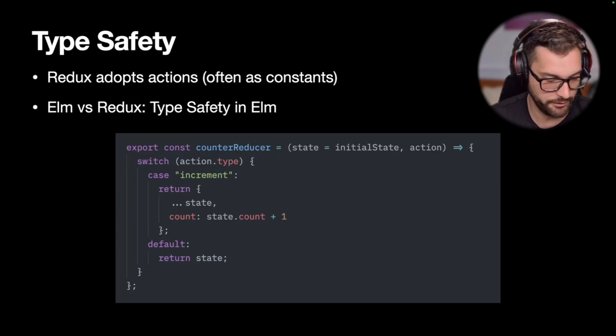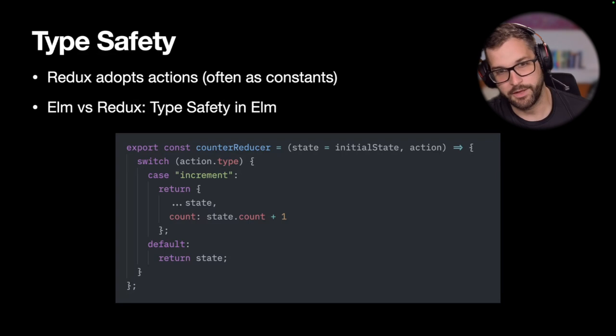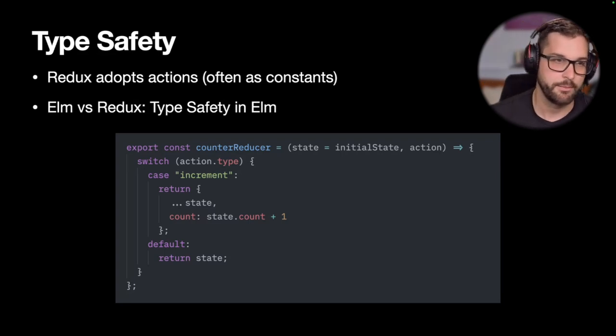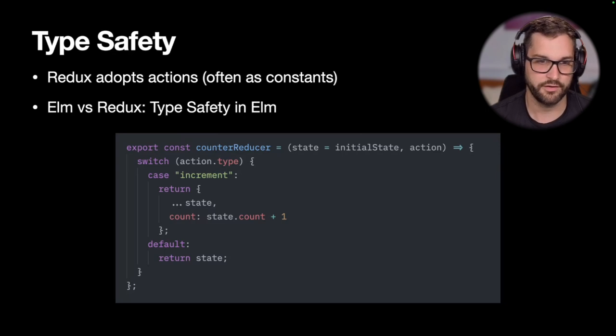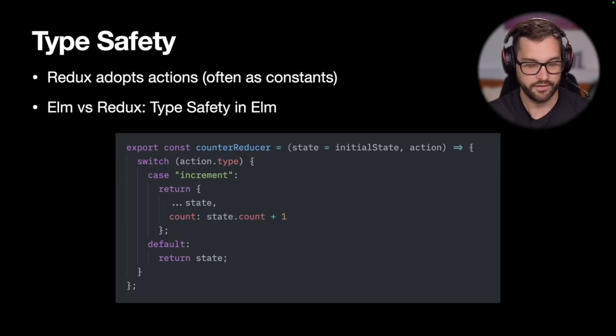And that plays into things like exhaustive type checking, making sure every scenario is coded for. But in Redux, there's nothing stopping a developer from not using a constant and just doing a string comparison, right? So that's another problem, is that you could have this particular case misspelled, and then your reducer has a bug, right?